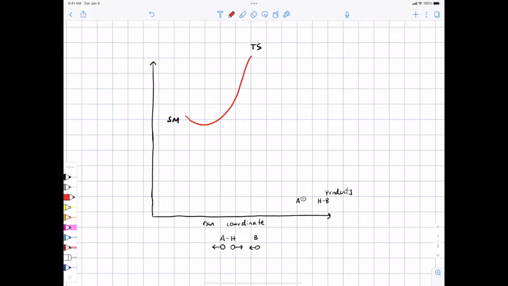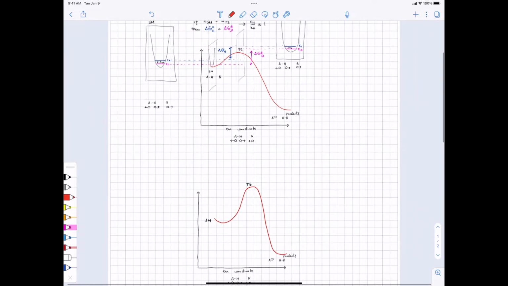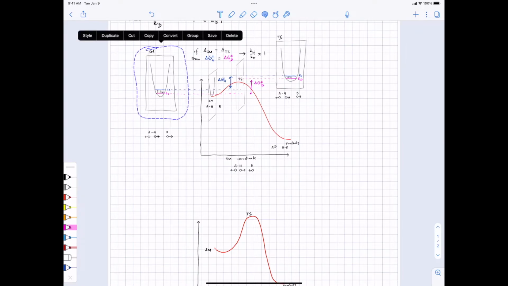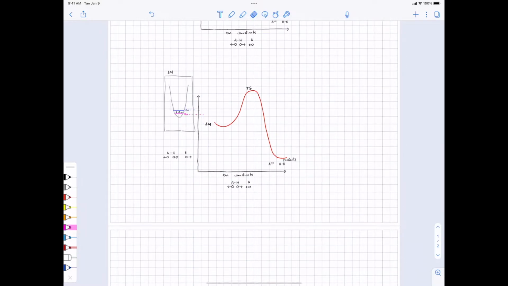All right, and we'll say exactly the same thing as we said for our starting material, that we're going to have this vibrational energy well that's perpendicular to the reaction coordinate, and I'm going to try to adjust its height so that the well is right there.